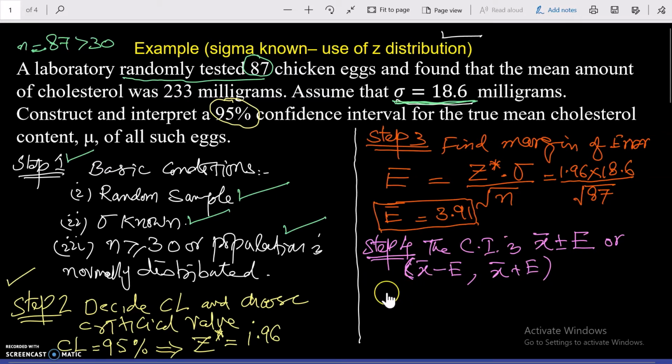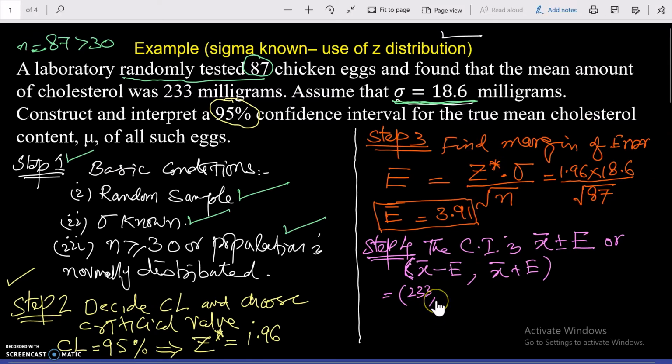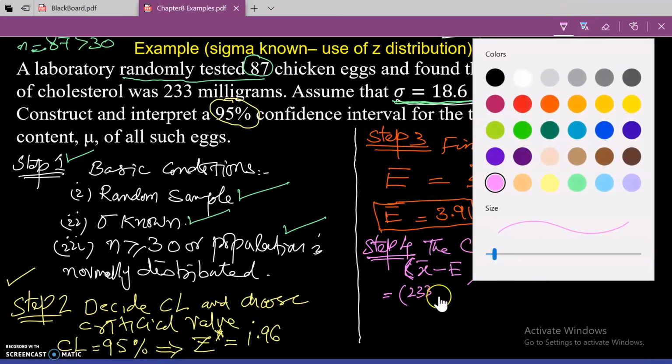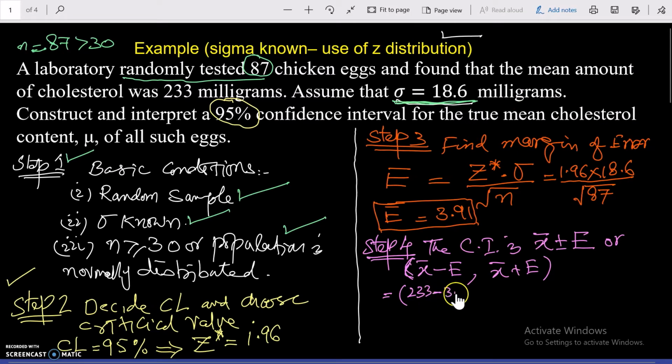Just plug in the values. We have 233 minus 3.91 and 233 plus 3.91.